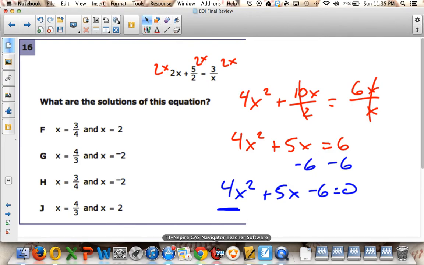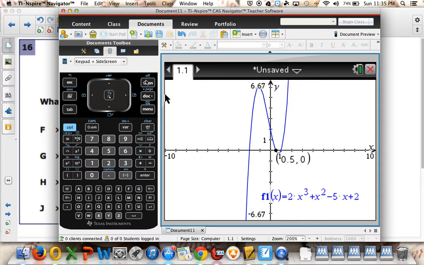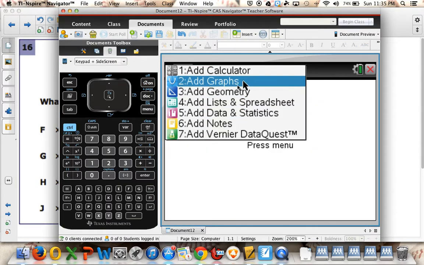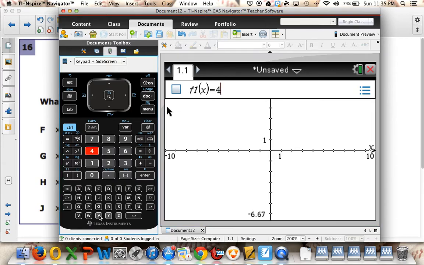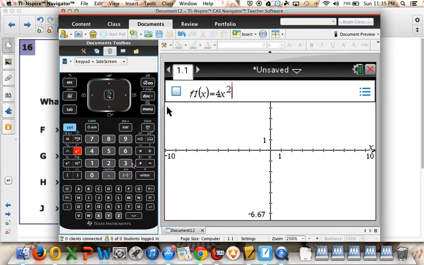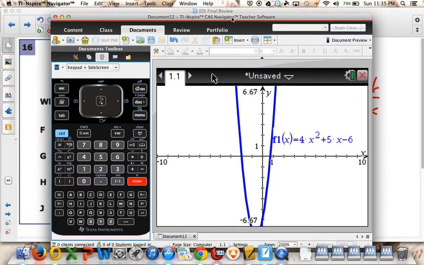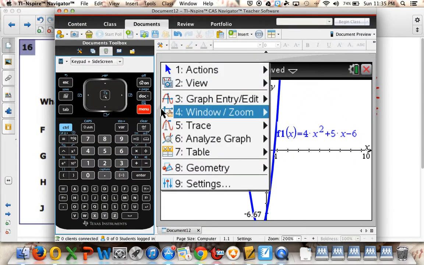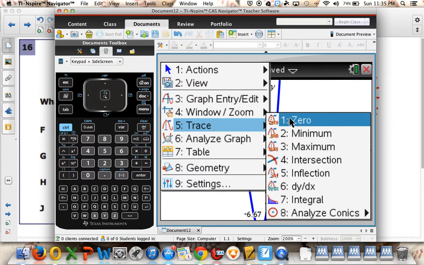4x squared plus 5x minus 6: on new document, save no, and graphs. 4x squared plus 5x minus 6. I want to find where it crosses the x-axis. So I'm going to go menu, analyze graph, 4, 0.